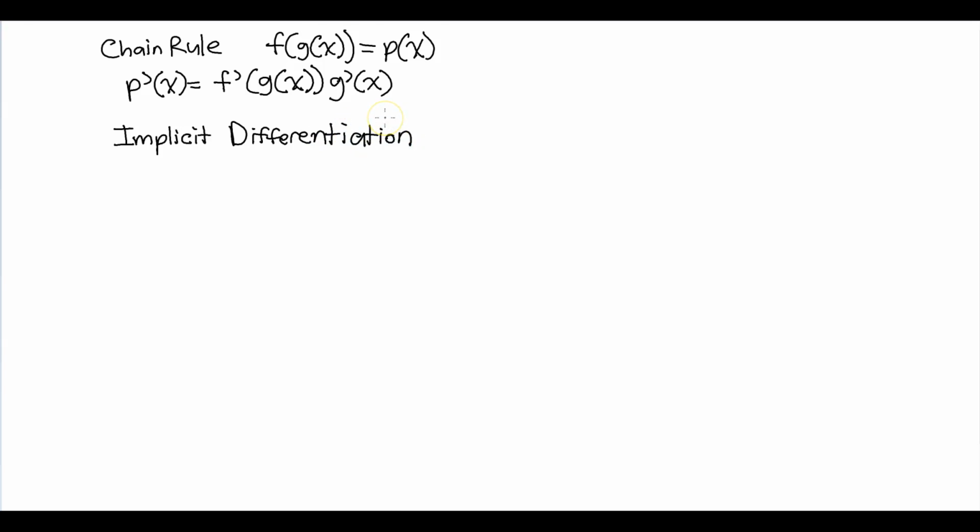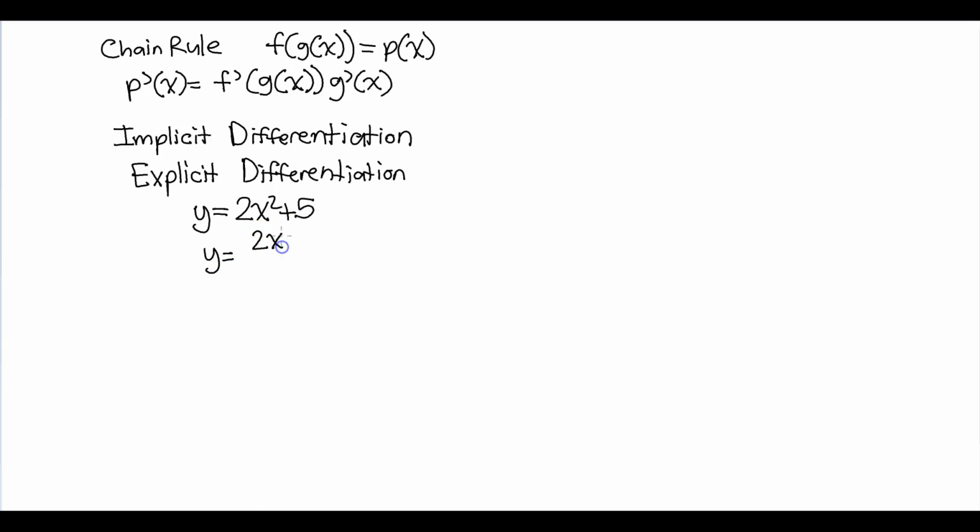So for the entire time we've been learning about derivatives, we have been doing explicit differentiation, where a function y is given explicitly as a function of x. Meaning that we've been differentiating functions such as y equals 2x squared plus 5, y equals (2x minus 3) over (3x minus 2).